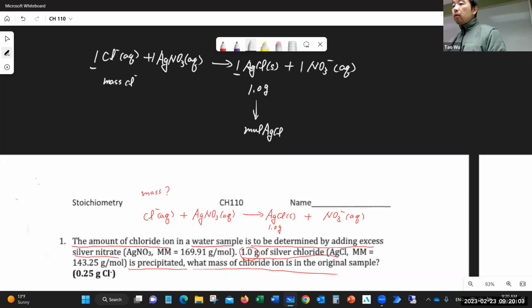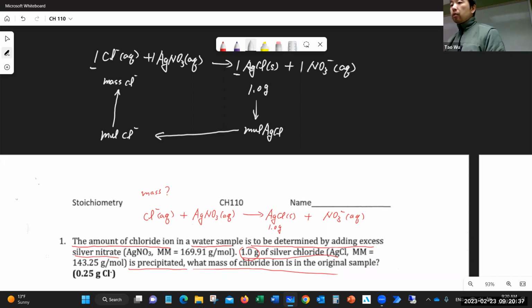And then, based on the stoichiometry, this is a 1 to 1 ratio, so from the moles of silver chloride we will be able to figure out the moles of chloride ions. And once you have the moles of chloride ions, again, this is a callback to the beginning of this unit too: how to convert mass to moles, and how to convert moles to mass.